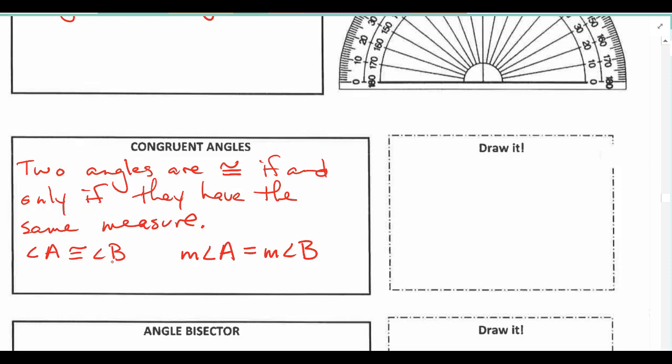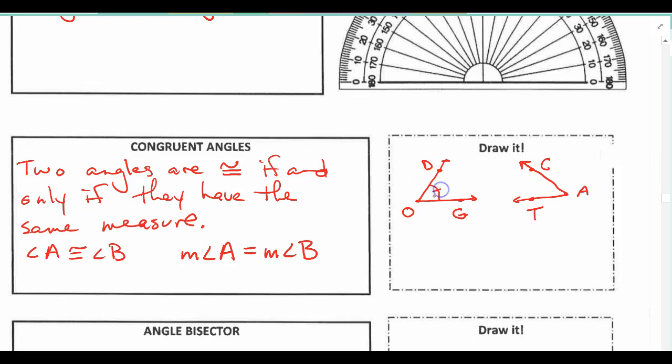All right, let's do a couple different examples of congruent angles. Here's angle DOG, and then we'll draw another angle over here, angle CAT. If I want to show that they're congruent, we can use tick marks.